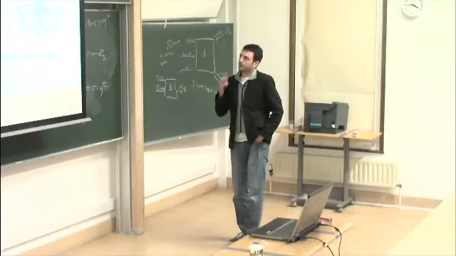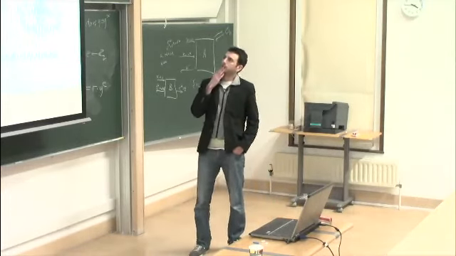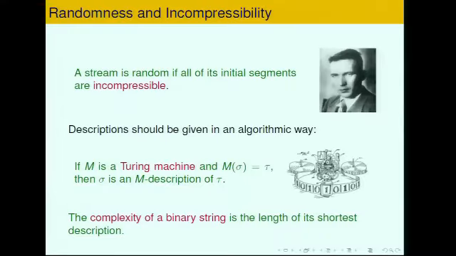For a mathematical definition of this notion, Kolmogorov came up with the idea of incompressibility. He said that an infinite binary sequence is random if all of its initial segments are incompressible. What does this mean? Well, they're very hard to describe. Say that to describe the first 10 bits of a sequence, you more or less need at least 10 bits. That was the intuitive idea.